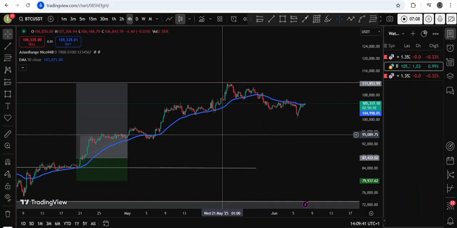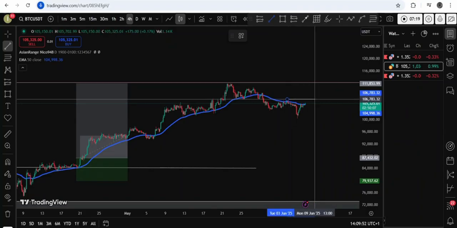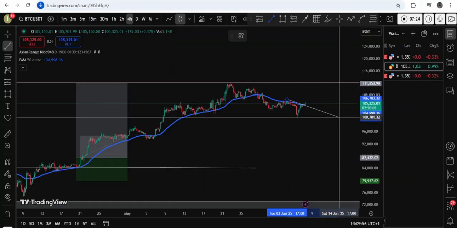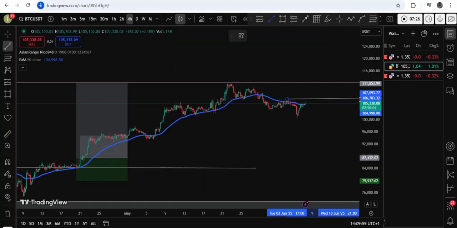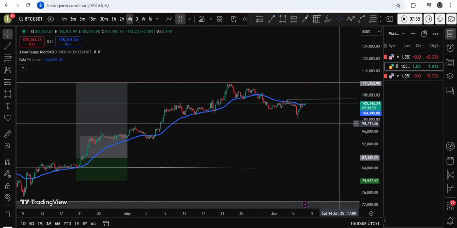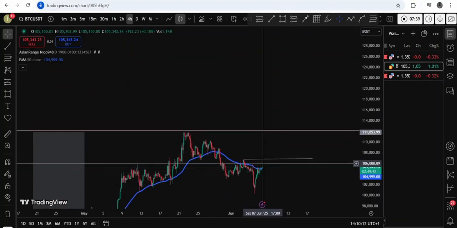So what am I expecting from Bitcoin this week? I'm expecting totally bullish on Bitcoin. I'm expecting Bitcoin to break this level and break this 50 EMA with a momentum candle.